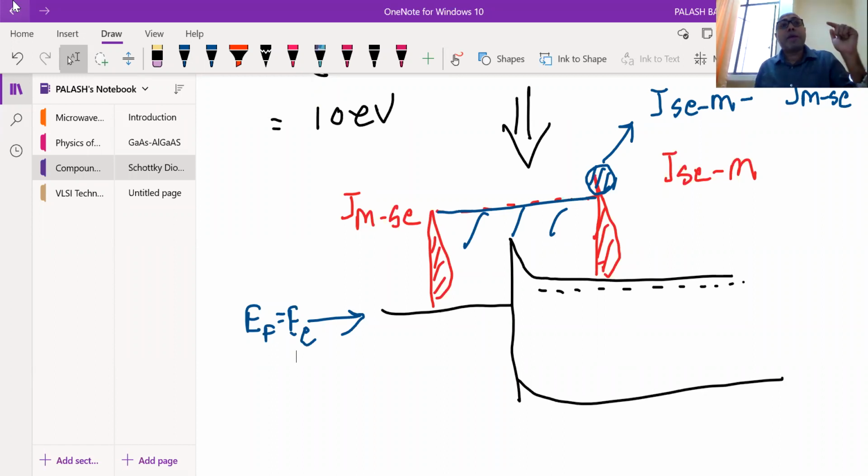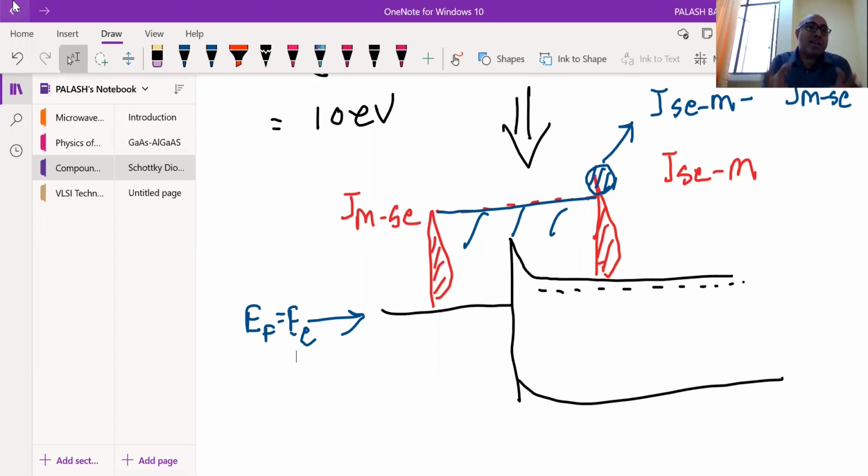If you give a little bit, since there are a lot of carriers on the metal side, your EF position won't change too much. I do understand you are getting a lot of carriers from the semiconductor side, there is absolutely no problem.